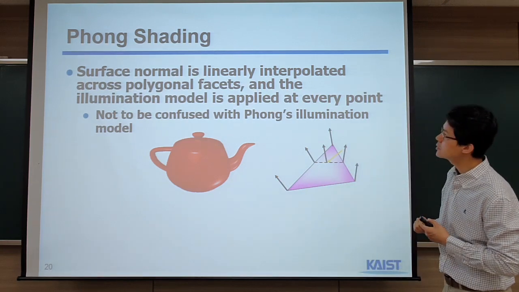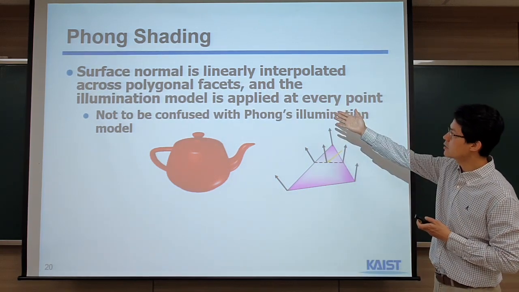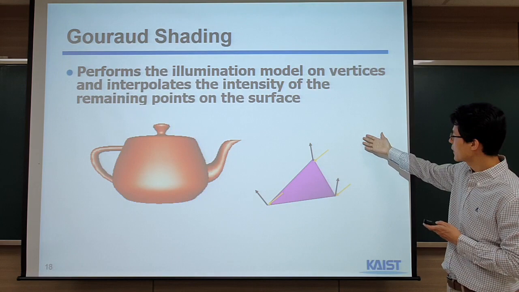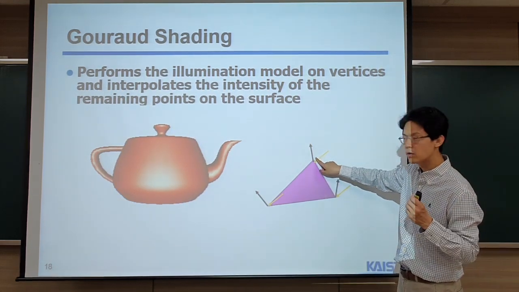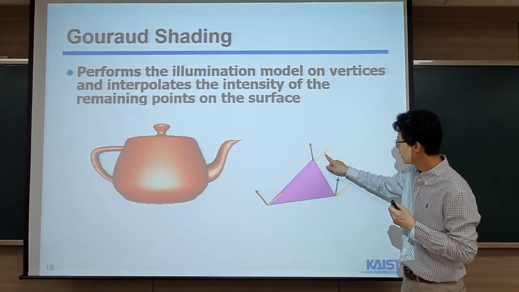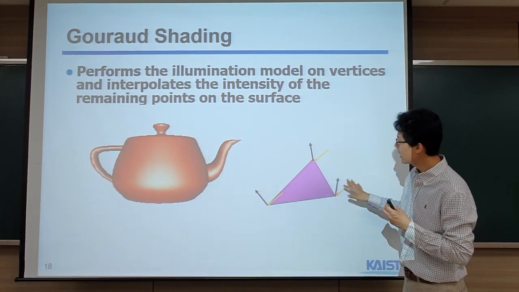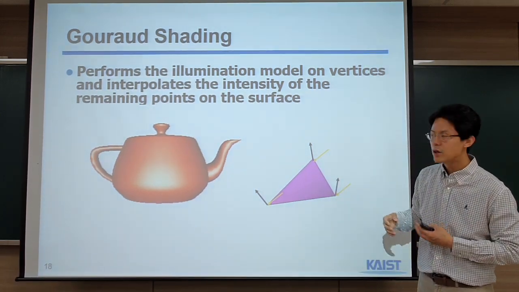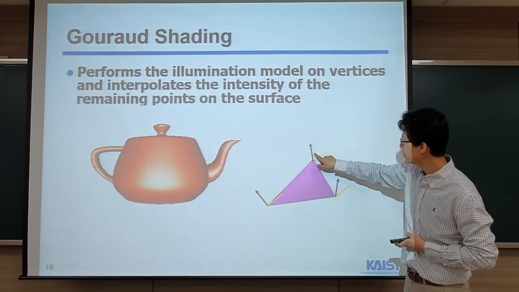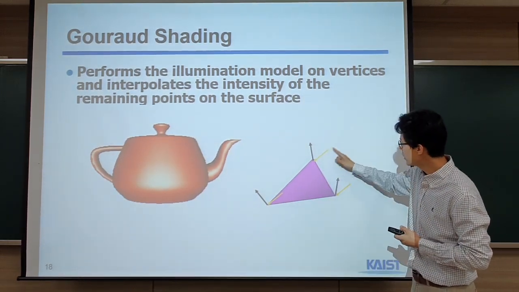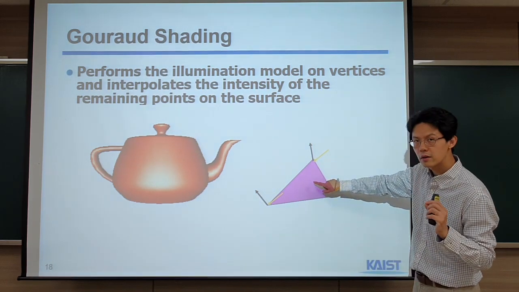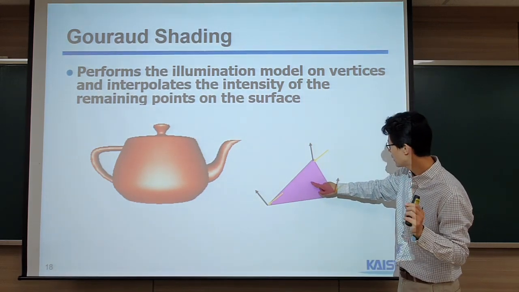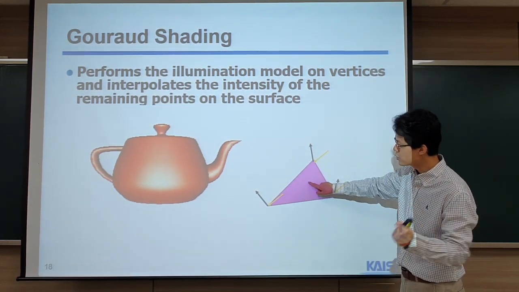In the case of Gouraud shading, we only had a normal for each vertex, and then we compute the color and interpolate the color. It means we just use the normal value at each vertex. When we evaluate a particular pixel, we don't change the normal.